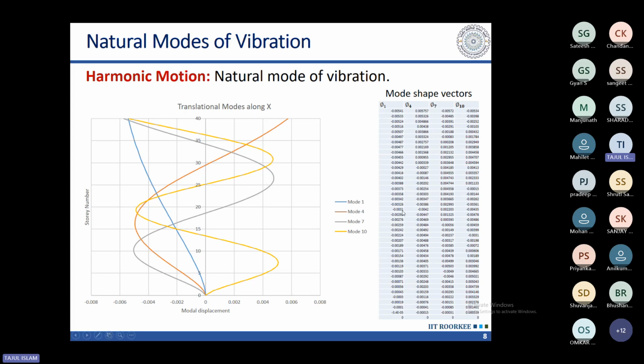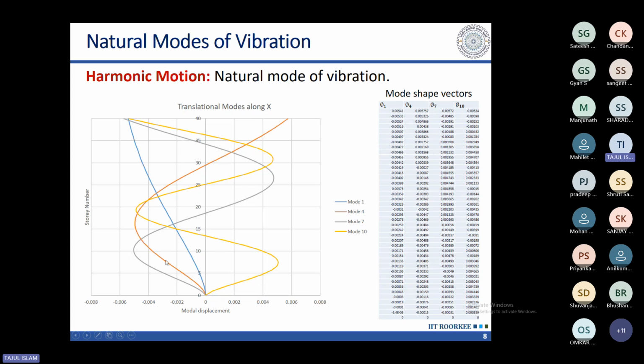For my structure, I have first mode translational, second mode translational in the other direction, then third mode torsional, then fourth mode again translational. That's why it is the fourth mode. But if you do not have this pattern, this number may change. That you have to identify. So now this fourth mode is the second translational mode for this direction.